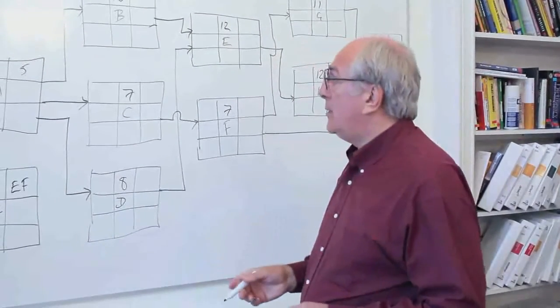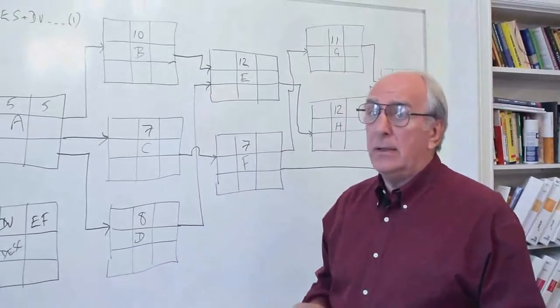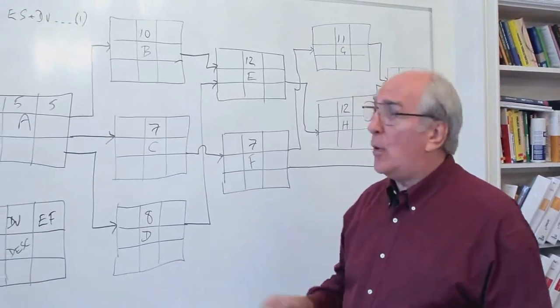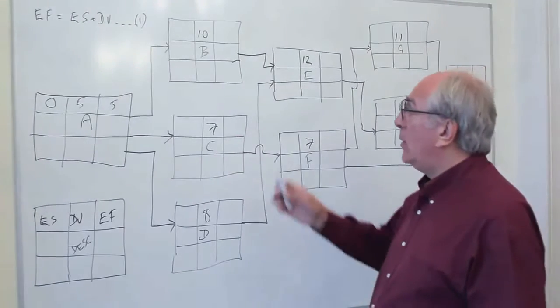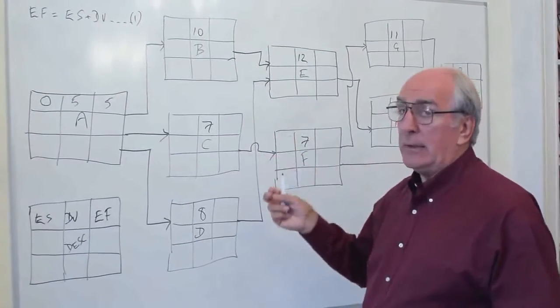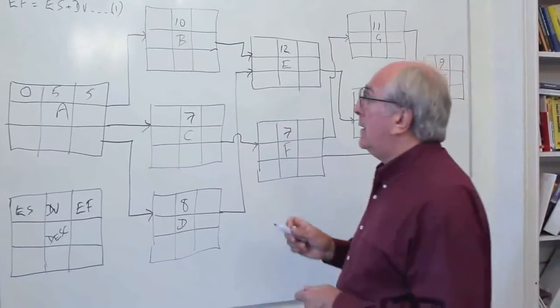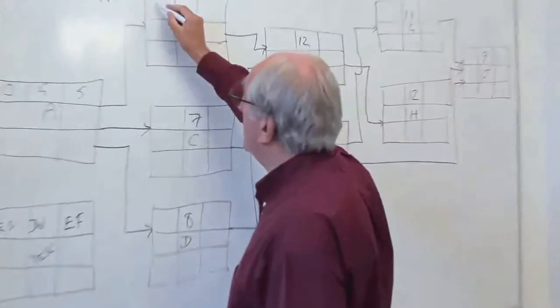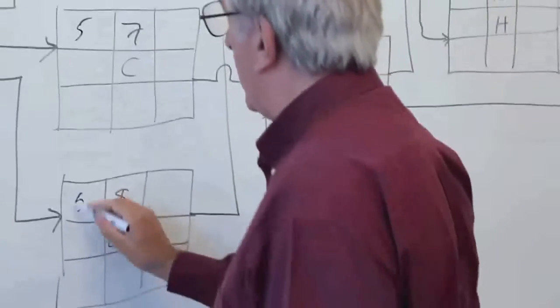And we now need to know what's the earliest possible time we can start activities B, C, and D. Well, by the same reasoning we used for time 0, we're going to say we can start B absolutely a tiny period before the end of period 5. So we're going to say that starts at period 5, period 5, period 5.